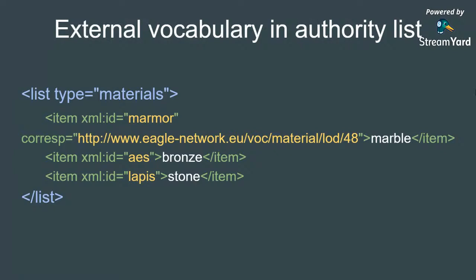As you can see, this is the authority list of the materials. And we have an item, which is marmor, so marble. And we add a corresp, which is saying to us, this item equals the link in the controlled vocabulary of EAGLE pertaining to the item marble.